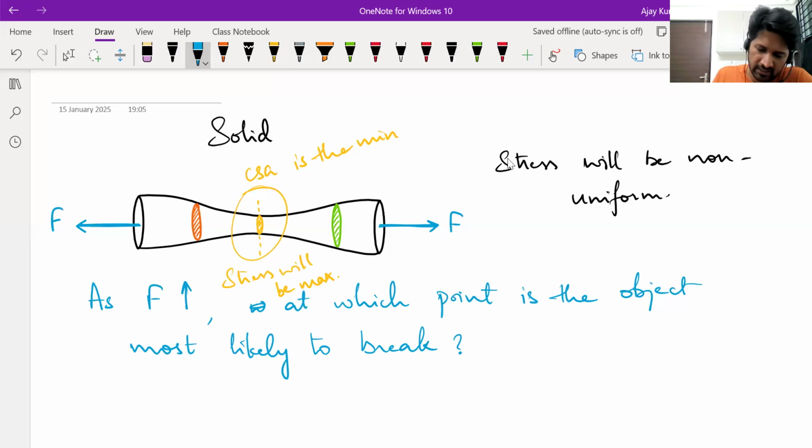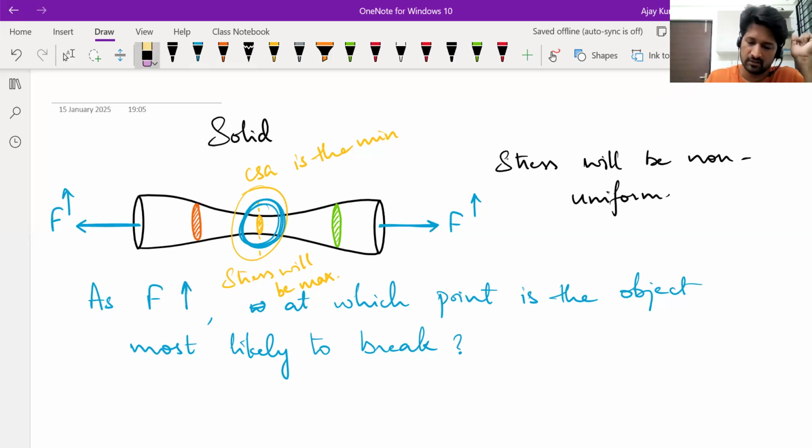Therefore, as you increase this force applied, stress increases everywhere, but here the stress will be the highest. Okay. So at that cross section, the stress will first become equal to the breaking stress of this material. Okay. At other points also stress is being created, but it's not as high as this point.